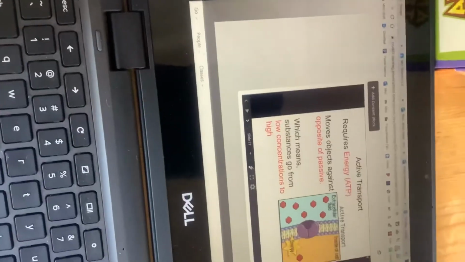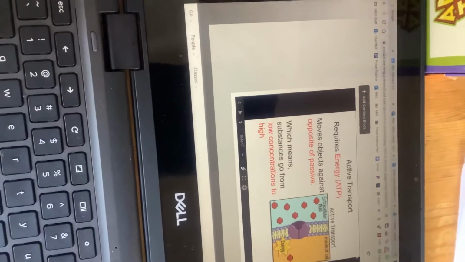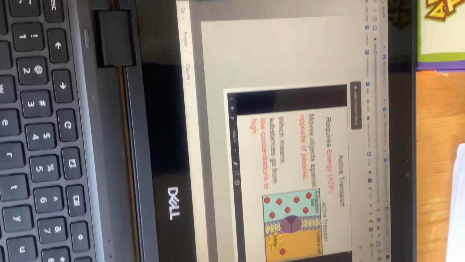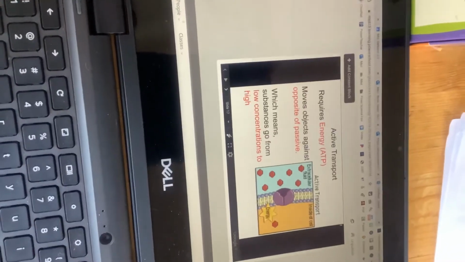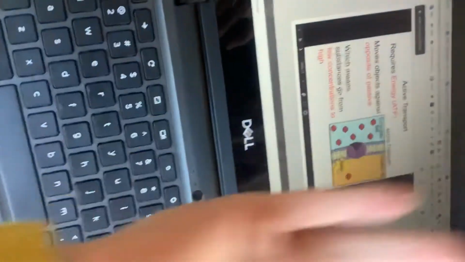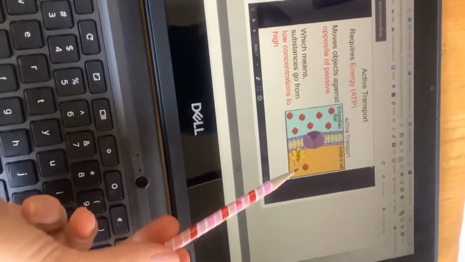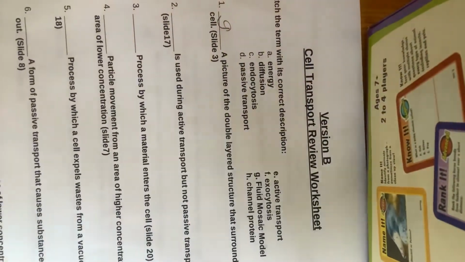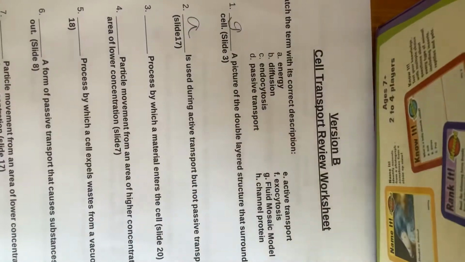The first bullet says active transport requires energy, which is also known as ATP. And like I've said in the past, I like to do the explosion hand, and it has that little energy explosion right there. When I go back and look at my choices, it looks like choice A is the best choice.